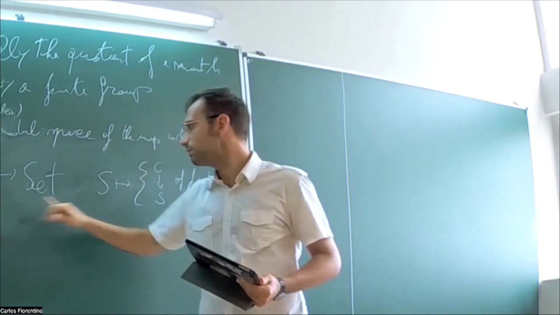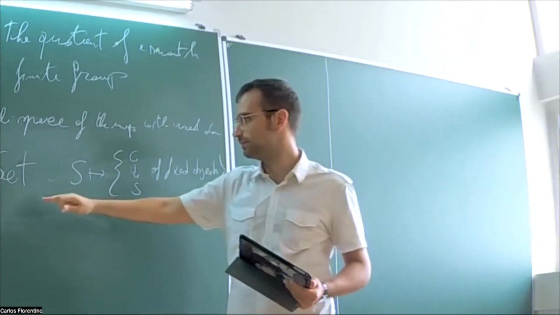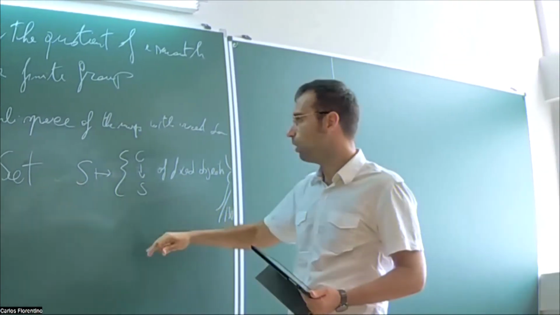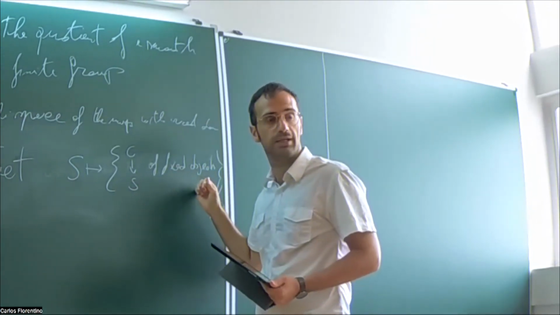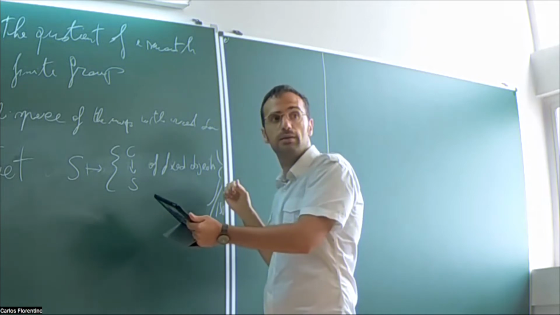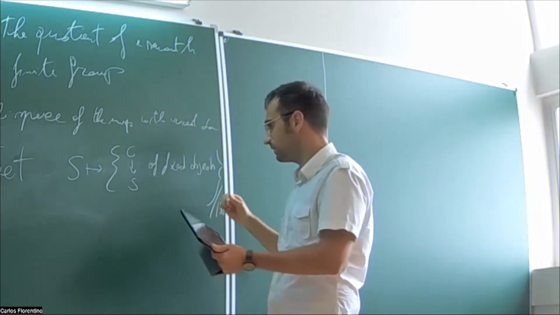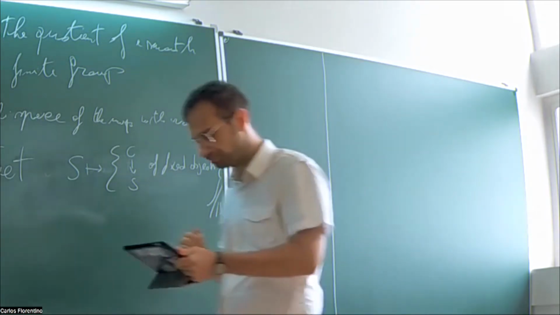For each scheme S, you send S to all families over S of the object you want to parameterize. So this is a set, and you consider this set modulo isomorphism.